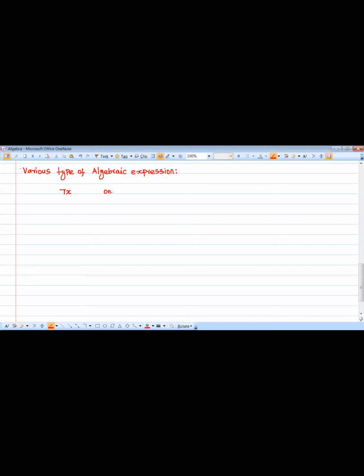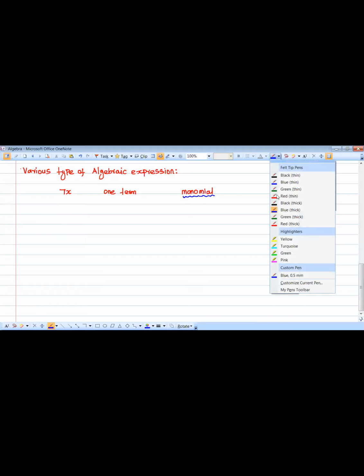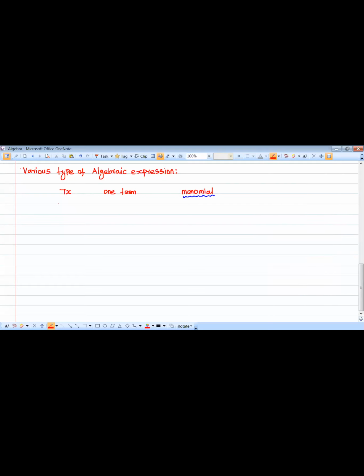So how many terms are there? One term. In your algebraic expression, if only one term is there, that is called a monomial. Got it? If you have two terms, that is a binomial.